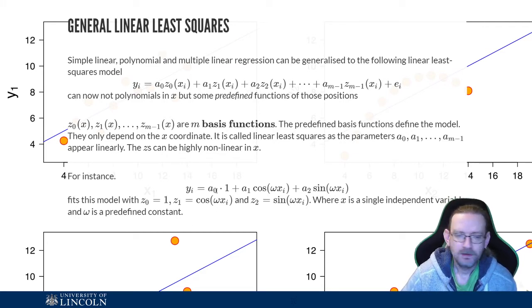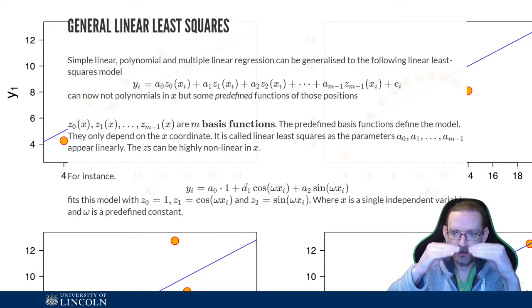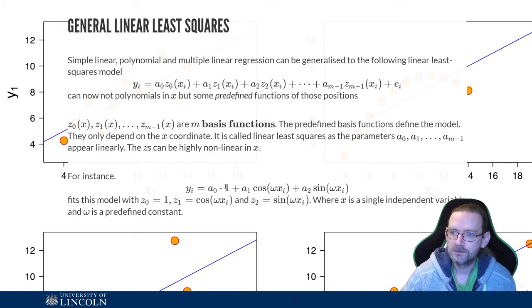So instead of having the linear or the quadratic or the cubic polynomials that we've had a little bit of a look at, we could, for instance, have a model like this. I've missed out the error term here, that the y is equal to some constant offset, some a0, times a basis function that's just 1. And then we could have the cosine of the distance, and we could scale it by some parameter.